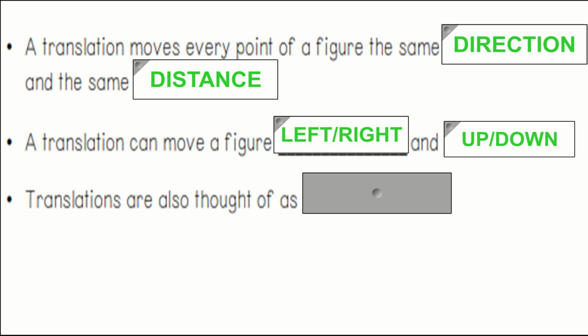It just can't be up and down together, or left and right together. Translations are thought of as slides.